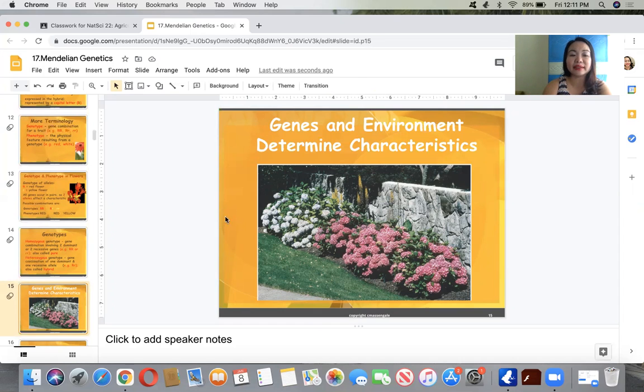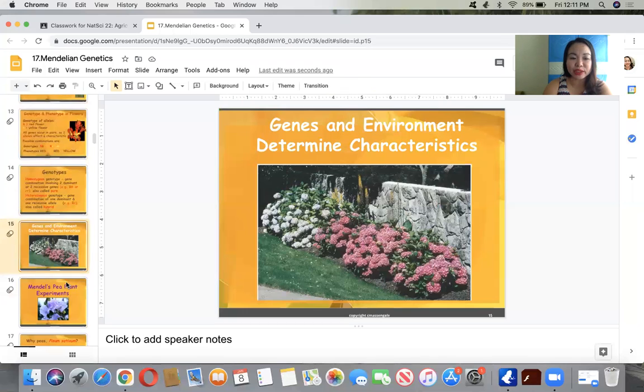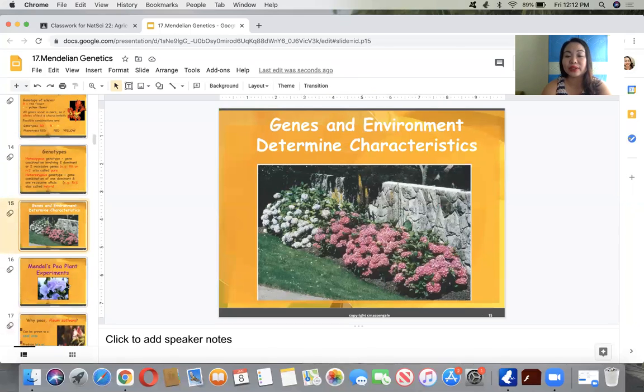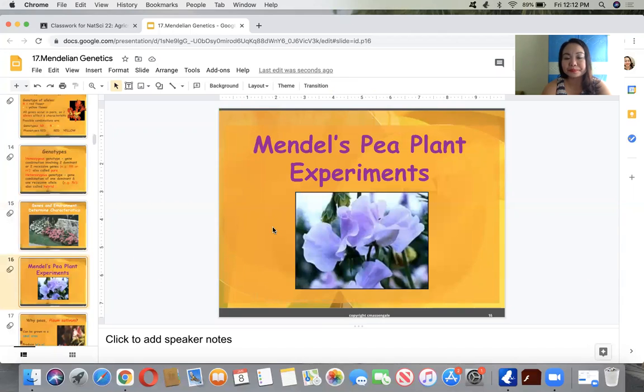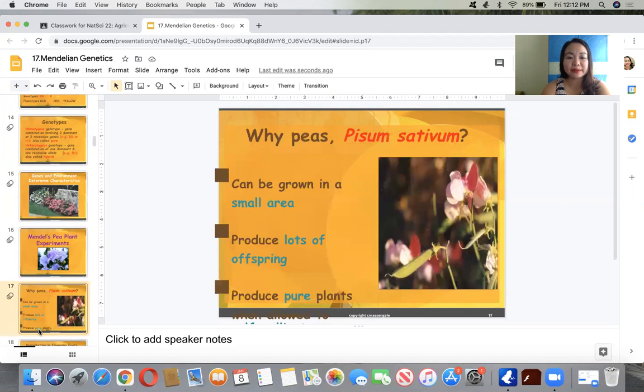So all in all, that determines your qualities as a human being and as an organism, whether plants or animals. And we know that human beings belong to the animal kingdom. So this is exactly what Mendel's pea plant experiments are about.